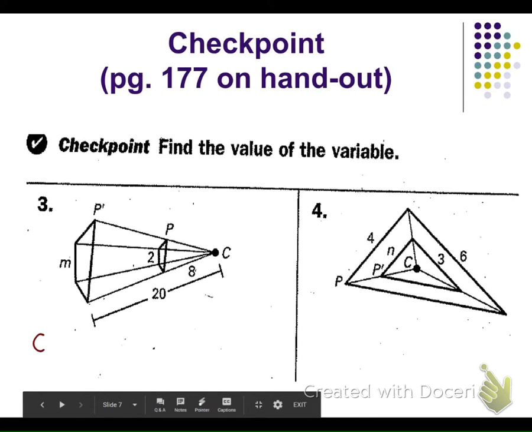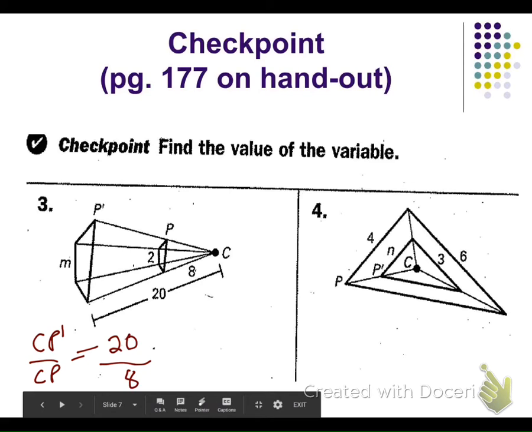So C to P prime over CP. C to P prime is what distance? 20. And then we have C to P, which is what distance? 8. So that's the ratio we found based on going from C to P and then C to P prime.